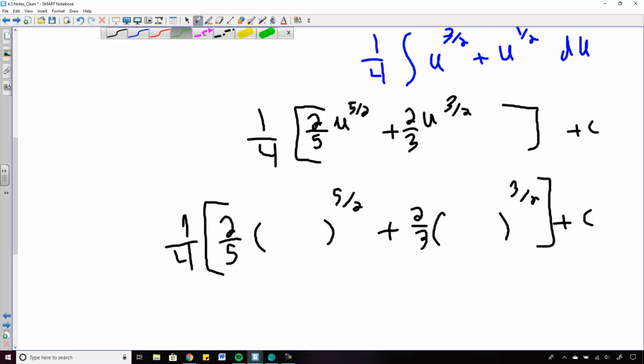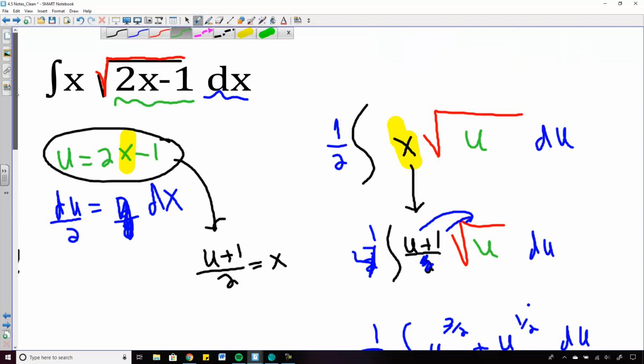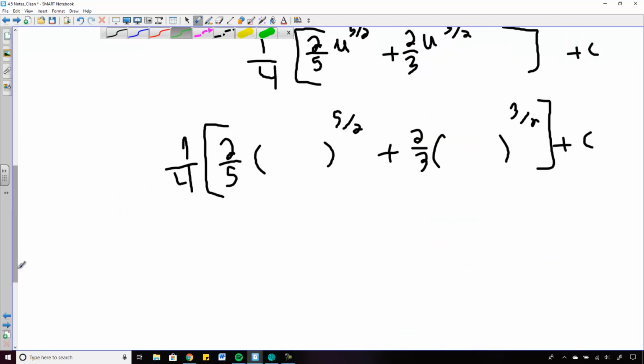Hopefully that makes sense. You can simplify, but you don't really need to. This is an acceptable answer, okay?